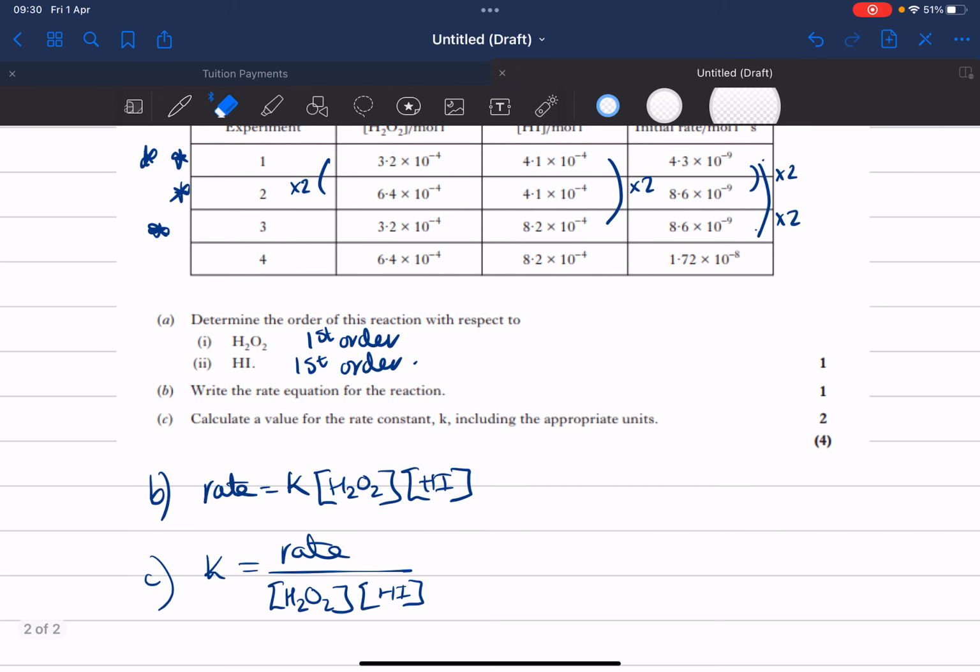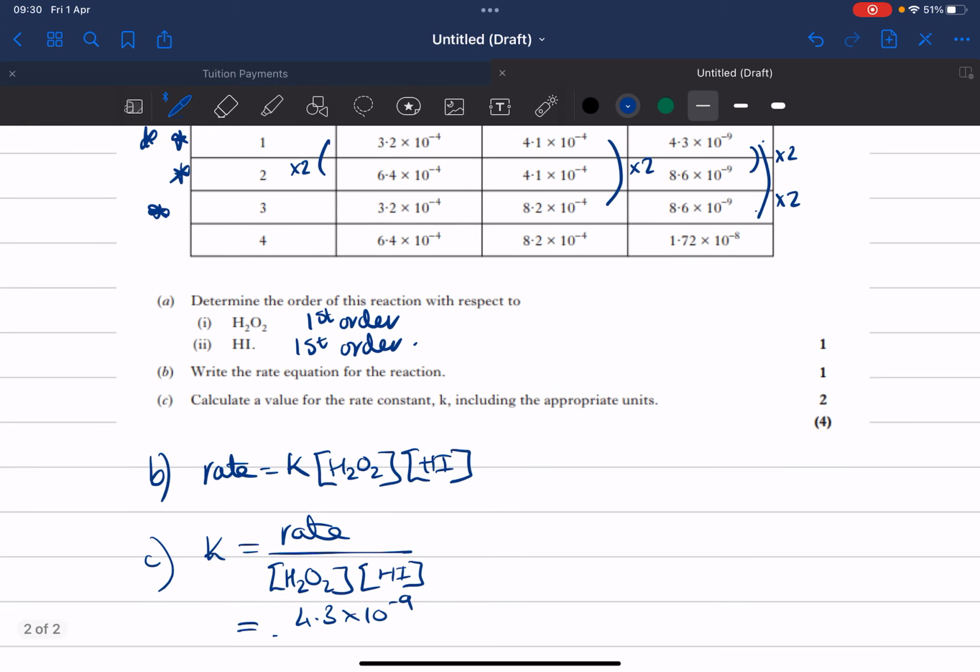So if we just pick experiment 1, the rate for experiment 1 is 4.3 times 10 to the minus 9, and the concentration of hydrogen peroxide is 3.2 times 10 to the minus 4 times by 4.1 times 10 to the minus 4.